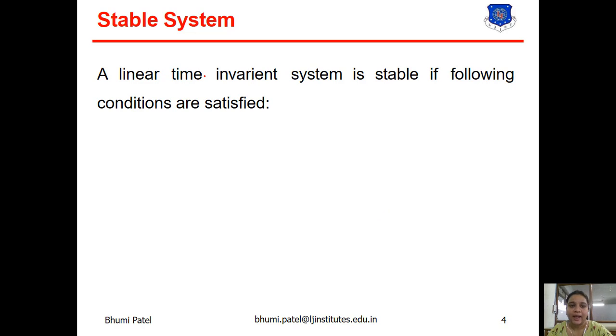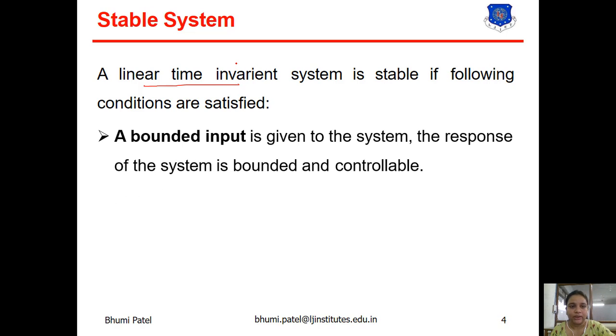Stability depends upon different conditions. A linear time invariant system is stable if the following conditions are satisfied. First of all, what is a linear time invariant system? We studied it in the first chapter: it is a type of system that does not depend on time. The first condition is that a bounded input is given to the system, and the response of the system is bounded and controllable.